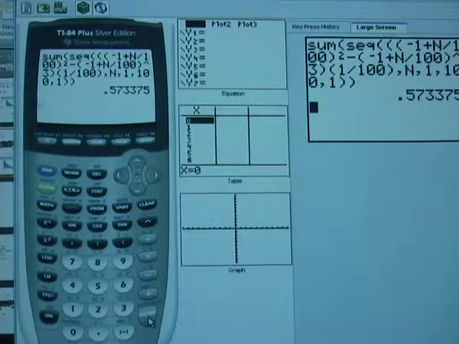The calculator takes a little while. Gives you 5.733. Now, remember, when you had n equal to 10, we got 0.4875. This time we have 0.573375.